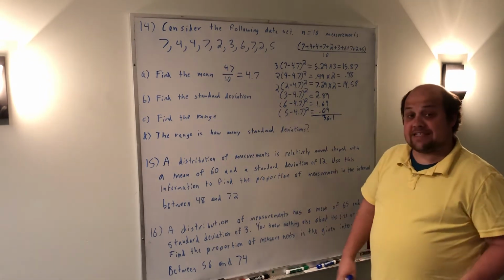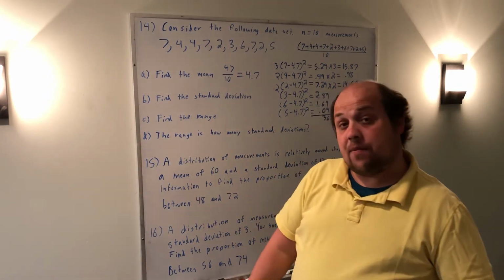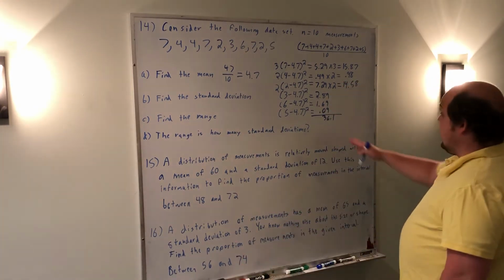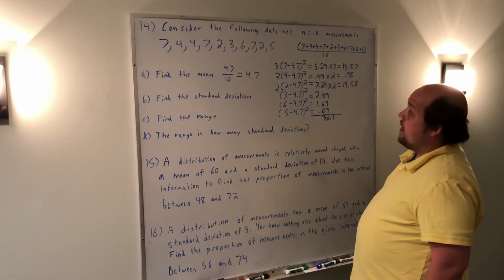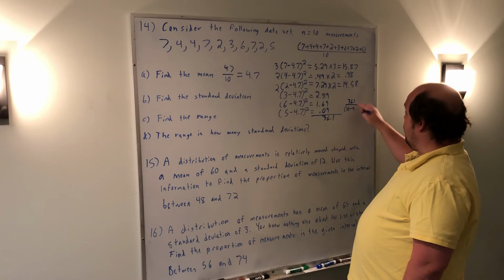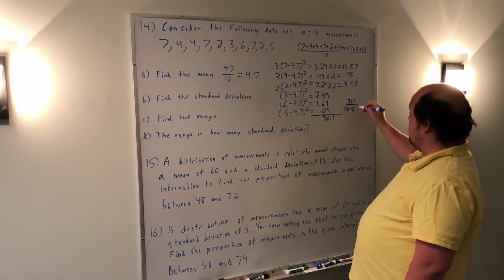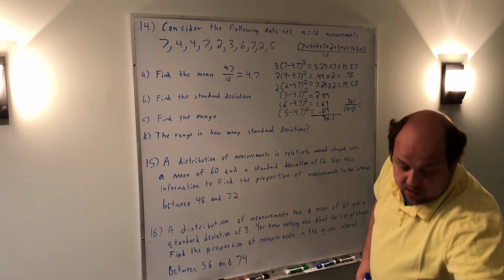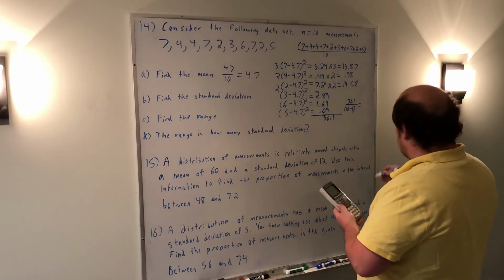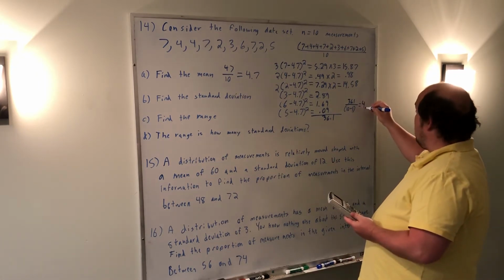Again, that represents the sum of the squares, which is the top of my variance calculation. To now get the variance, I need to take that total sum and divide it by n minus 1. So I'm going to take 36.1 divided by 10 minus 1, or 9. That gives me 36.1 divided by 9, which is 4.0111.